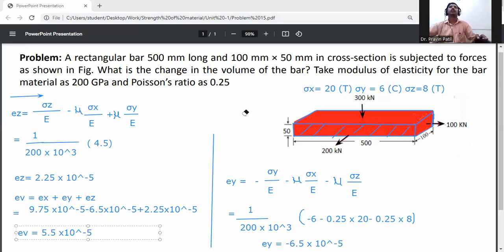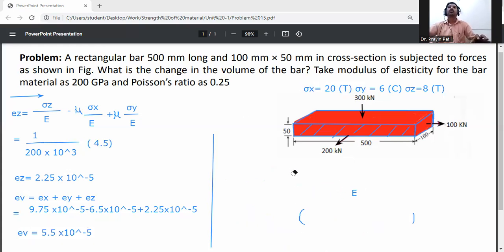Then this one will be Ev. So actually what is Ev? Ev is equal to the change in volume to the original value. We call it Ev is equal to delta V by V, change in volume to the original volume. Okay, delta V by V.